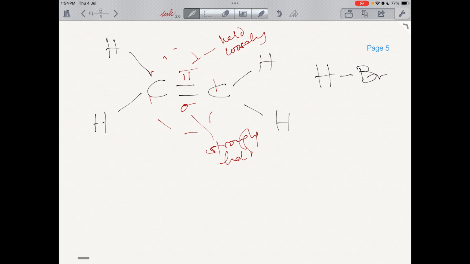But before the attack, can I quickly explain that the hydrogen here is connected to bromine, which is electronegative.